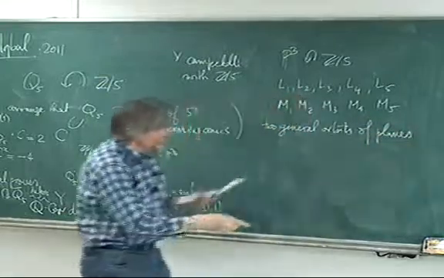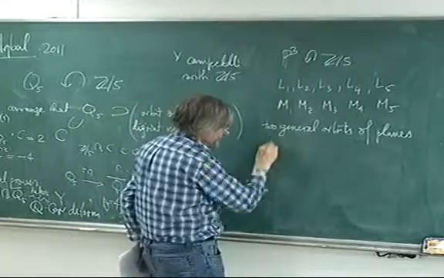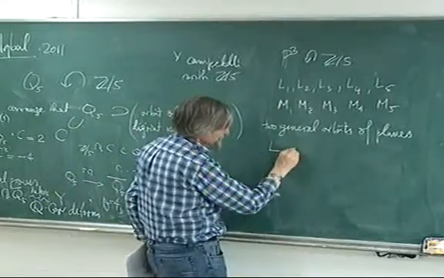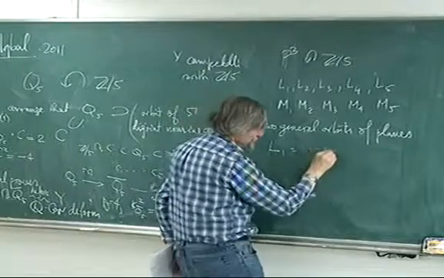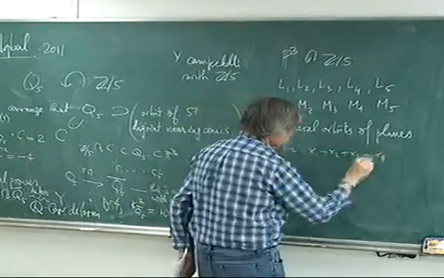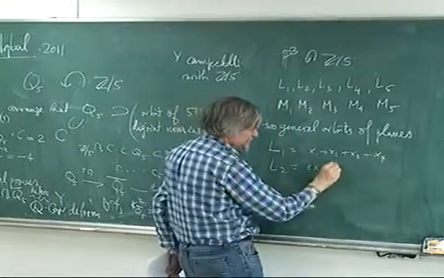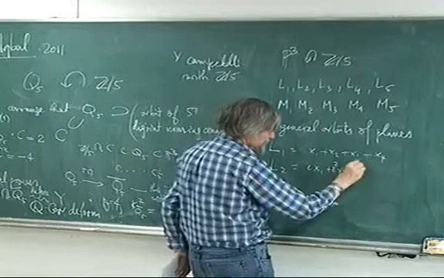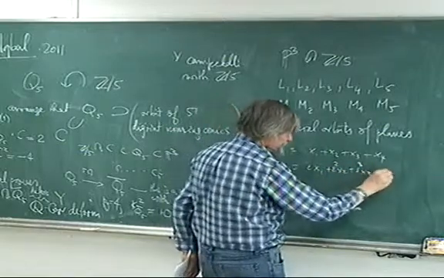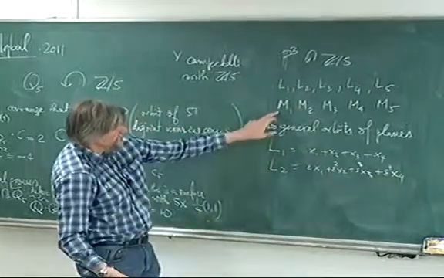Since we're in computer algebra, we might as well give these names. So I'd take L1 to be, for example, x1 plus x2 plus x3 plus x4. And then L2 might be epsilon x1 plus epsilon squared x2 plus epsilon cubed x3 plus epsilon to the fourth x4. And then do the same with M.